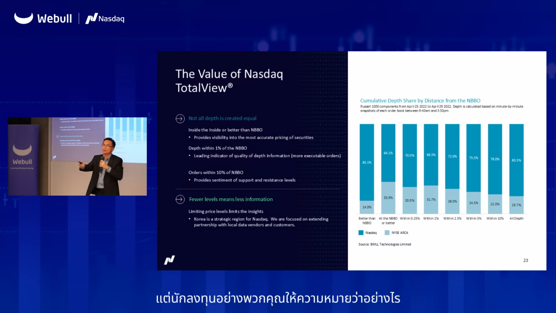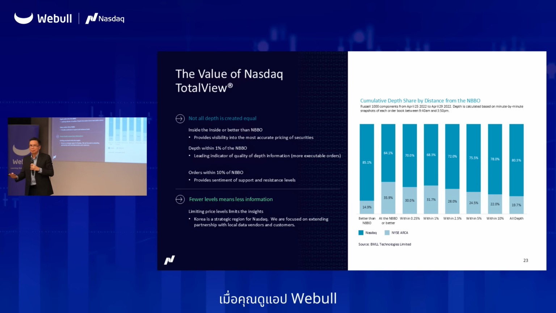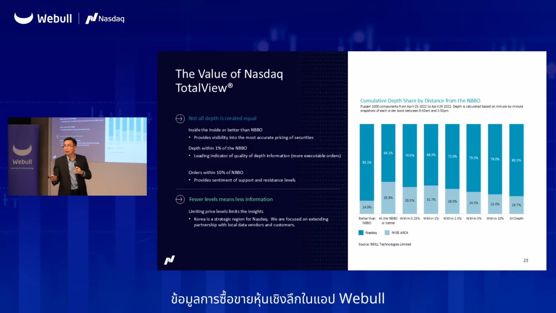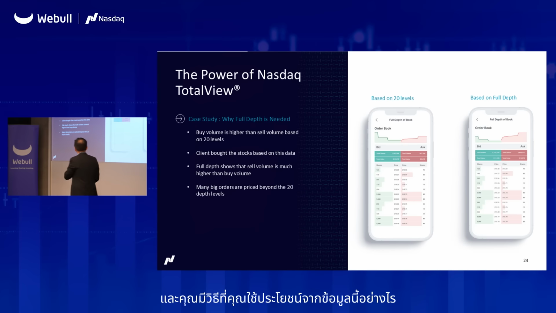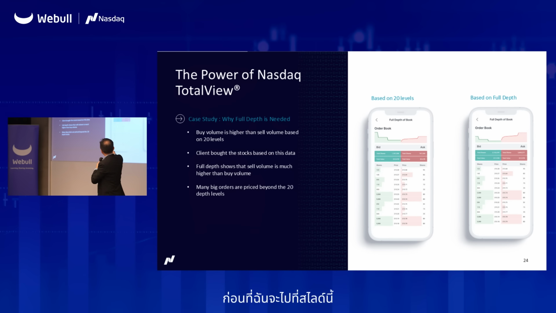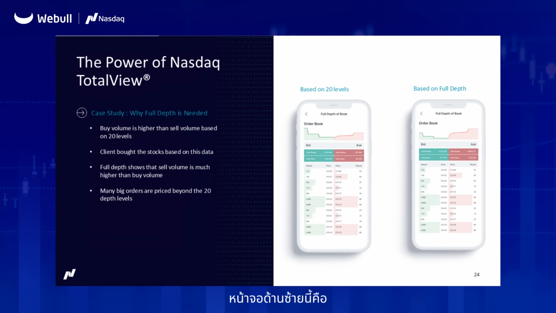But what does it mean to an investor like you, and when you look at the depth data on the Webull app, how do you make use of this data? Before I go there, this is the exact example I shared earlier. This left screen is a mobile app that is based on 20 levels.